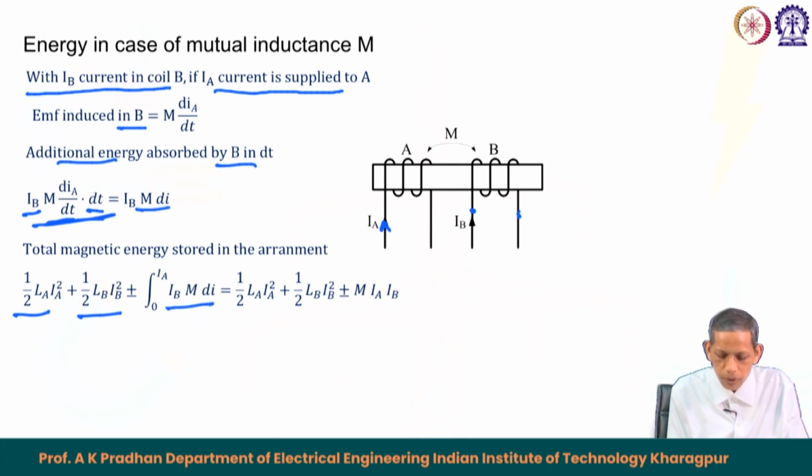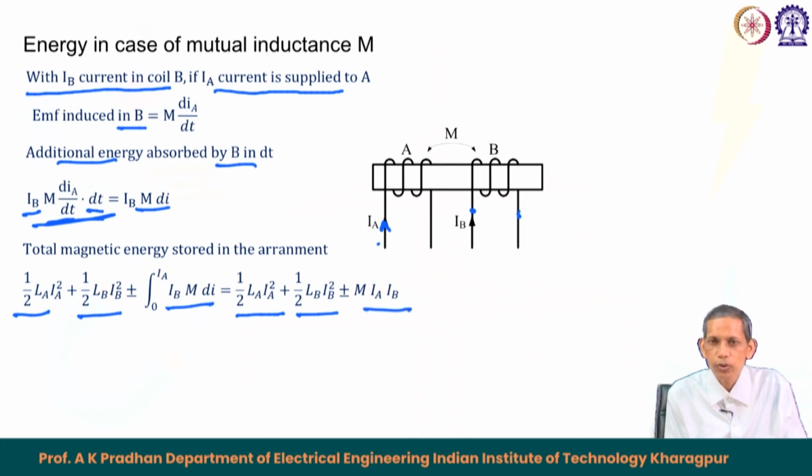So, that becomes half L A I A square plus half L B I B square plus or minus M I A I B. So, we see that the energy associated with this complete arrangement of coil A and coil B becomes half L A I A square plus half L B I B square plus or minus M I A I B, where plus or minus depends upon the dot conventions, flux additive or subtractive. We can summarize that there is half M I A I B for the first coil and half M I B I A for the second coil as the contribution for the mutual part. So, the total energy in a coupled circuit can be found out like this.